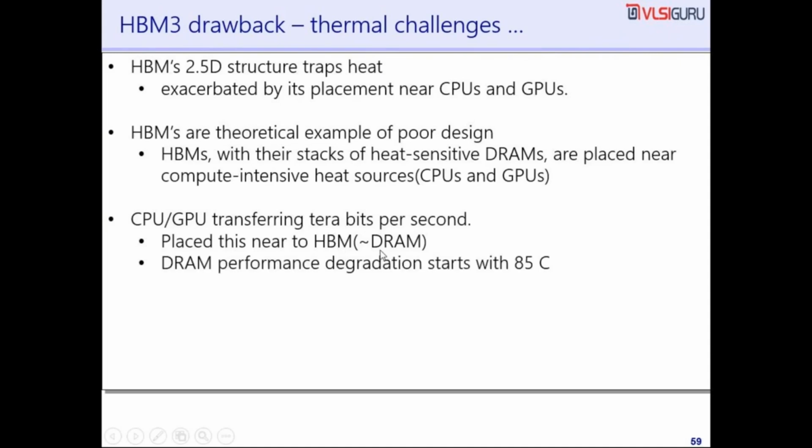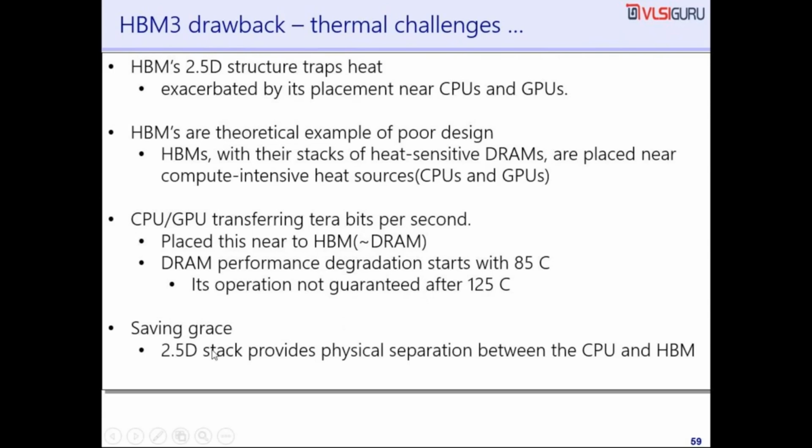As you know, DRAM performance degradation starts from 85 degrees centigrade. Its operation is not guaranteed after 125 degrees centigrade. Once you hit 125, you cannot say anything about DRAM performance. But the saving grace in all this is that a 2.5D stack provides physical separation between the CPU and the HBM.